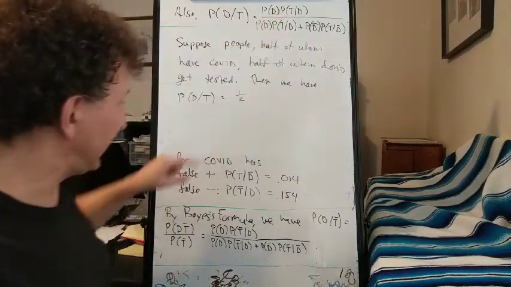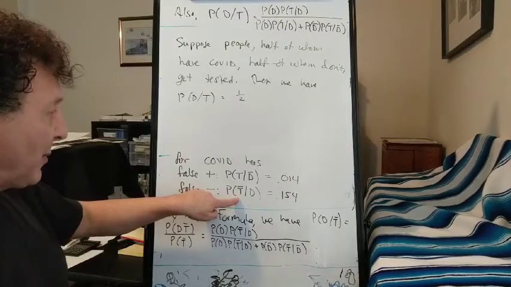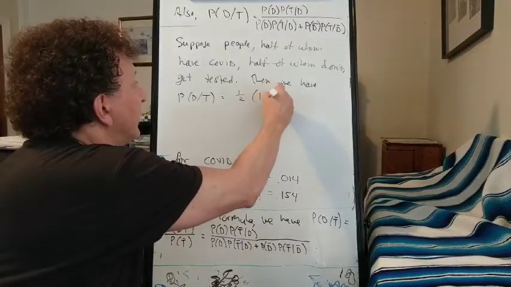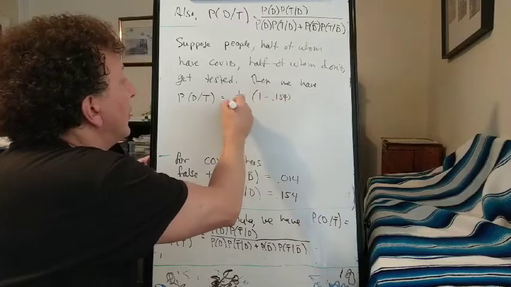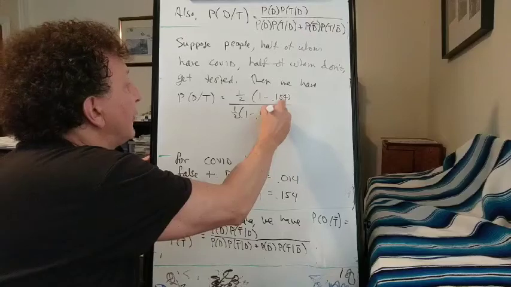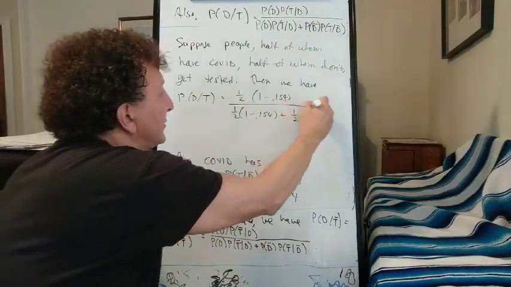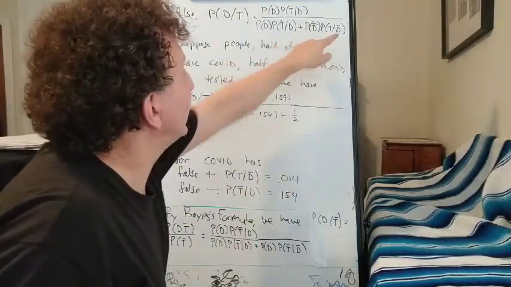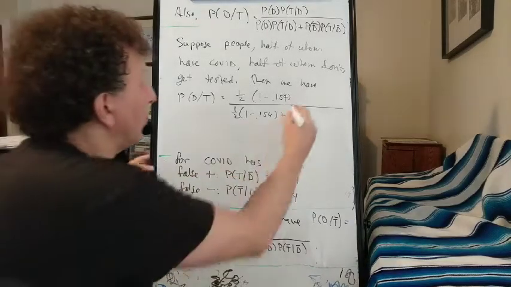Probability of testing positive given the disease is 1 minus the probability of testing negative given the disease, so 1 minus 0.154, over 1/2 times 1 minus 0.154, plus the probability of not having the disease, also 1/2, times the probability of testing positive given that you're negative, 0.014.